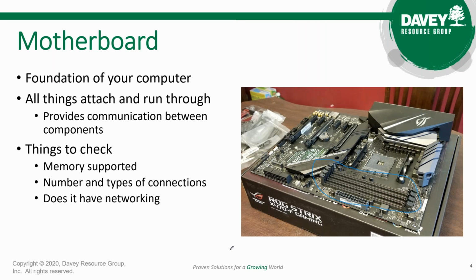Now, from a GIS perspective, I've already mentioned what you want for memory. Connections will be dependent on what types of devices you plan to connect and what you need to plug into them. Networking, I would say you want to support as high a level as possible, even if your current network infrastructure doesn't support it.